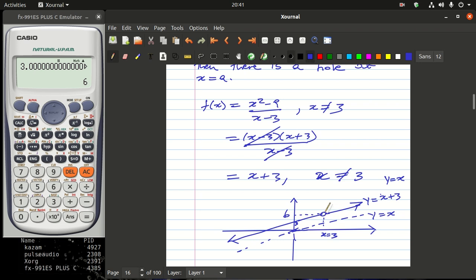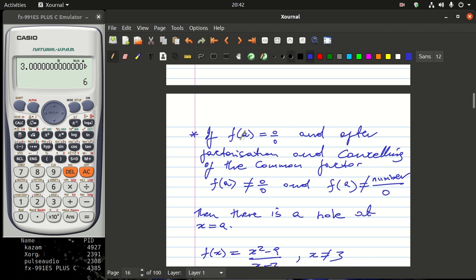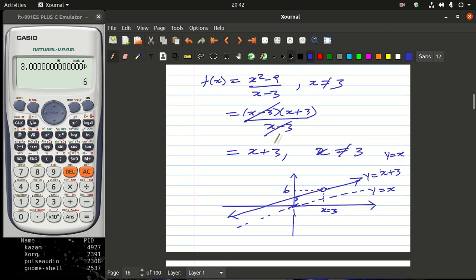That's what we mean. So if you're having a 0 over 0, but after rationalization and factorization and cancelling of a common factor, you end up with something such that if I plug in a 3, I'm still getting a value, then we know that at that point you must have a hole.